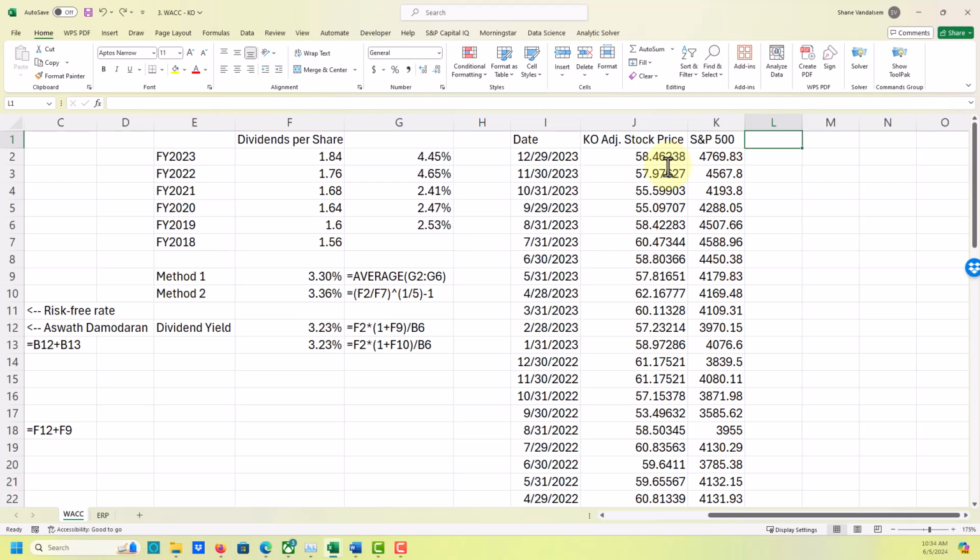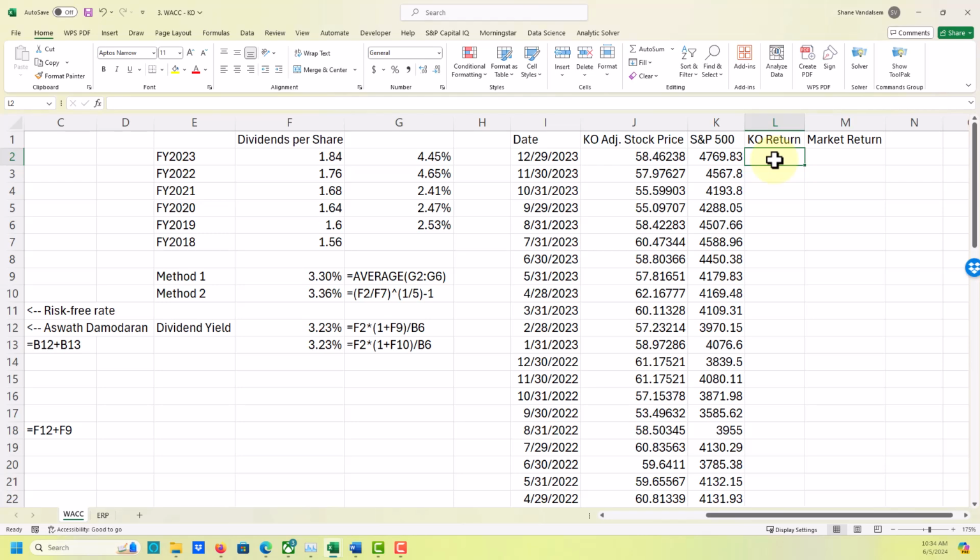So let's go ahead and calculate the return for Coca-Cola and the return for the market, or the S&P 500. We're going to use the continuously compounded return here.